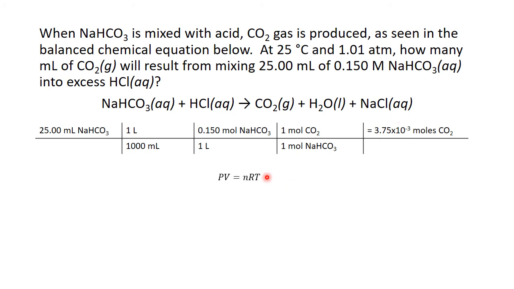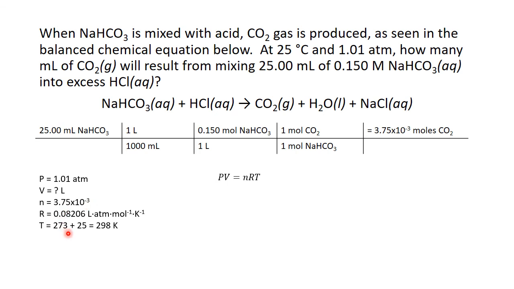PV equals nRT. Whenever you're using this equation or others like it, it's really helpful to make a table of variables first. Pulling from our problem, we know that our pressure is 1.01 atmospheres. The volume is the thing we're trying to solve for. We just calculated that our n is 3.75 times 10 to the minus third moles.